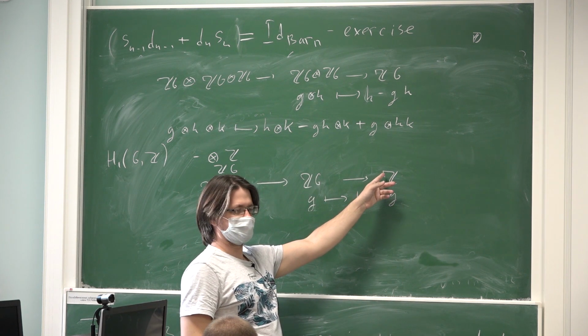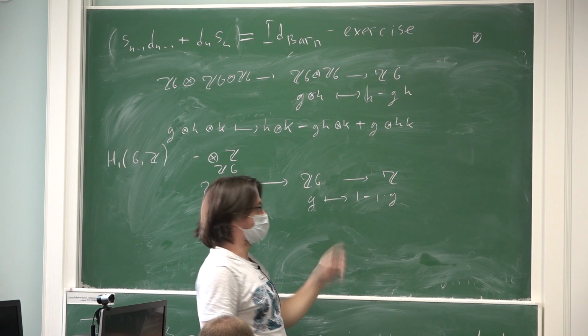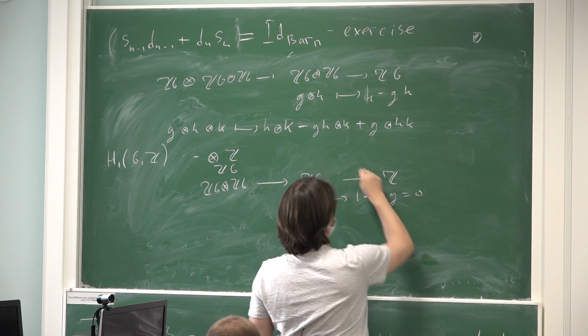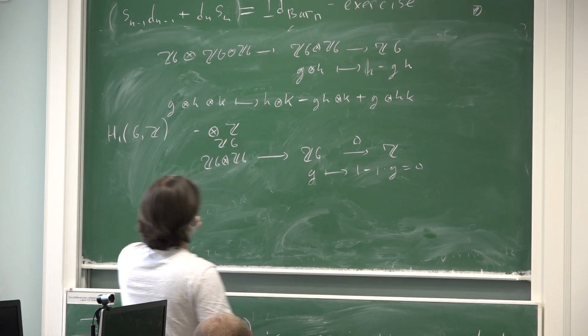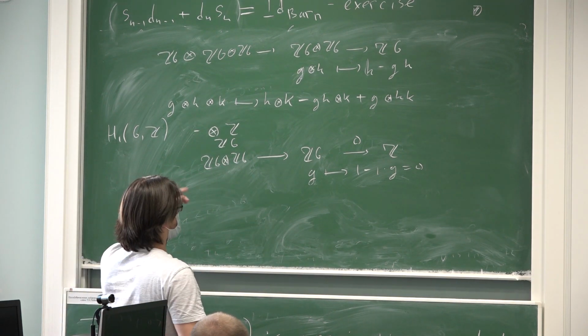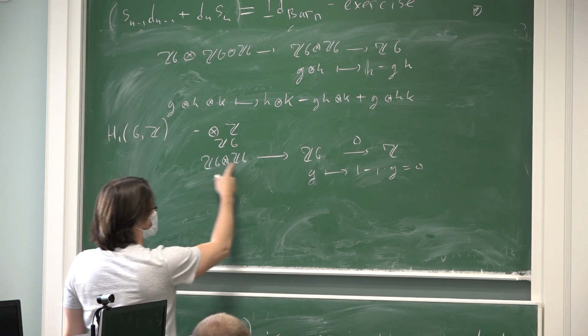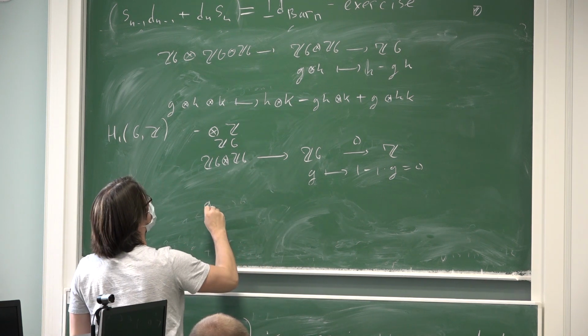But the structure here is trivial, so it is 0. So this map is 0.